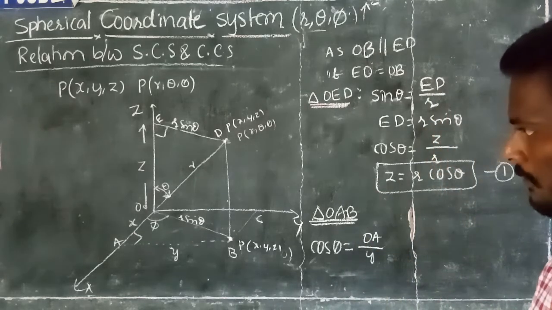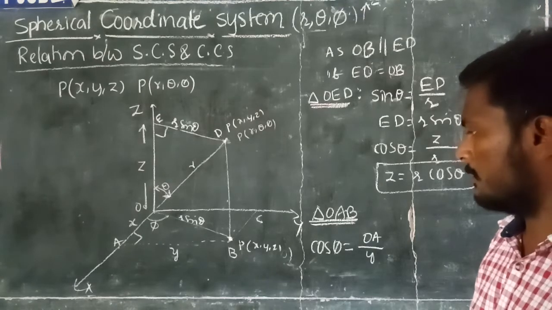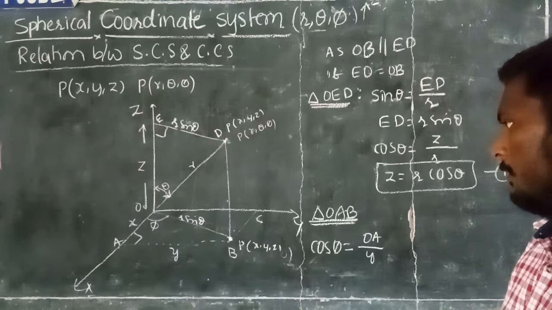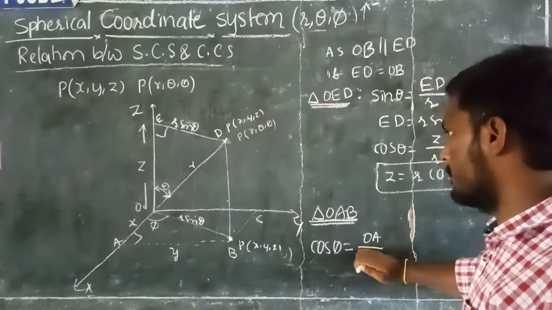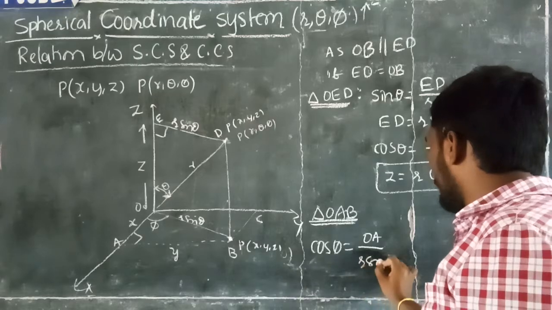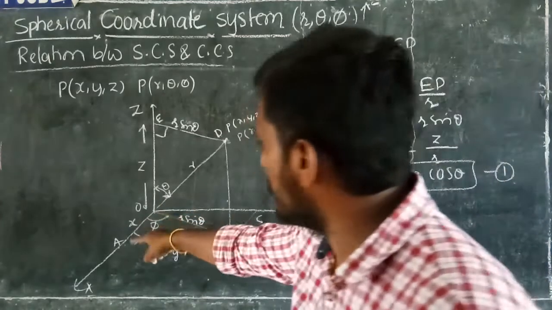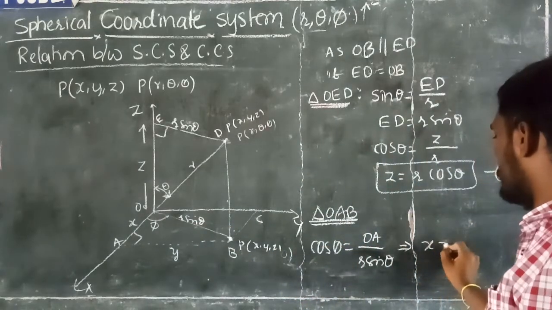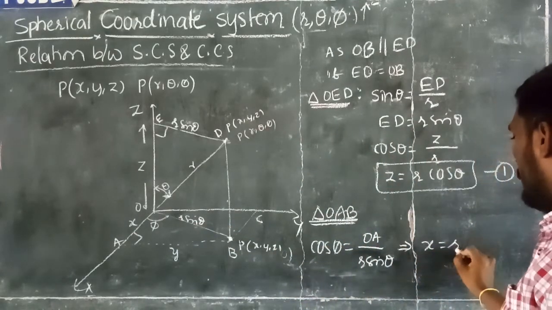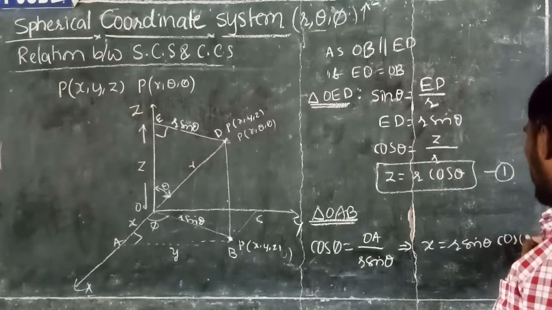Is it correct or not? Cos phi is equal to the adjacent side OA by the hypotenuse r sin theta. That means OA, which is x, is equal to r sin theta cos phi.